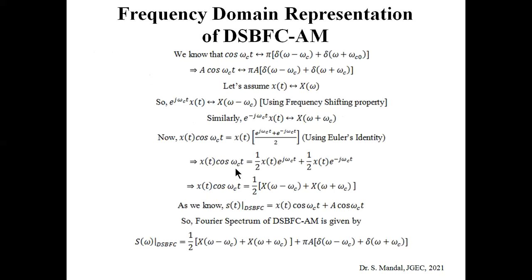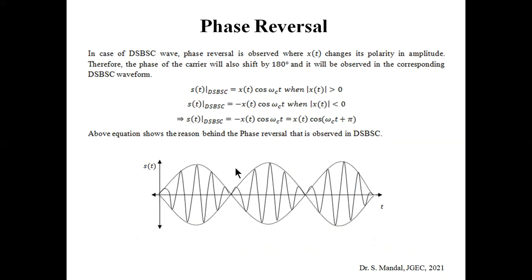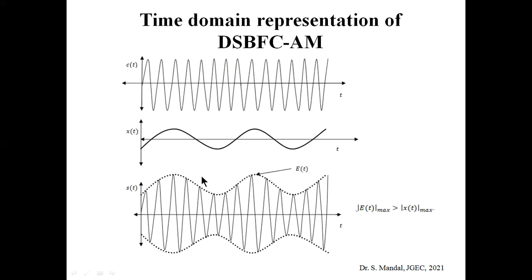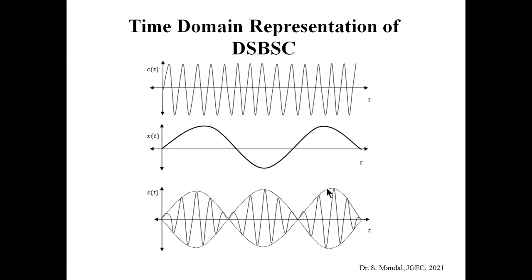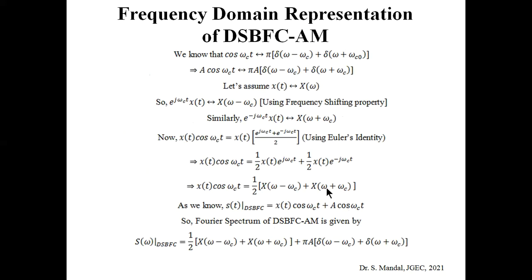Now coming to the frequency domain representation of the DSBFC AM signal. This is the modulated wave for the DSBSC, and this is the modulated wave for DSBFC. All these can be shown in a CRO, and in case of a CRO, along the x axis we plot the time. That's why I call it the time domain representation. Now to observe the defined frequency components, or to calculate the bandwidth of the modulated wave, we need to find an equation in the frequency domain.